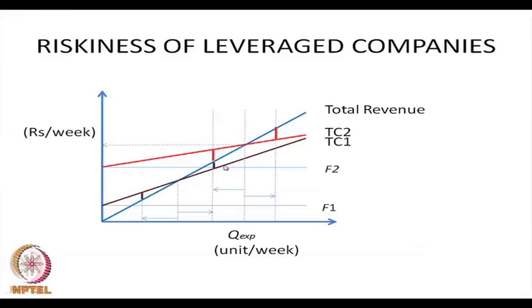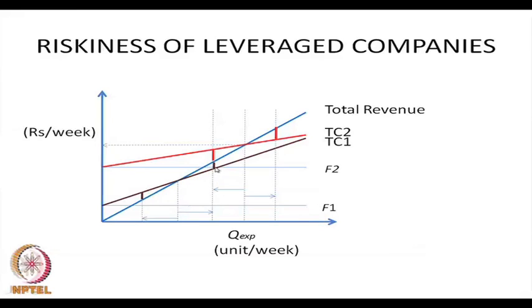Compare this situation to another company, a low leverage company with a small fixed cost F, but a high variable cost. Its slope is higher than this. So, F by V is small. So, it is a low leverage company. Now, the break-even point is here.